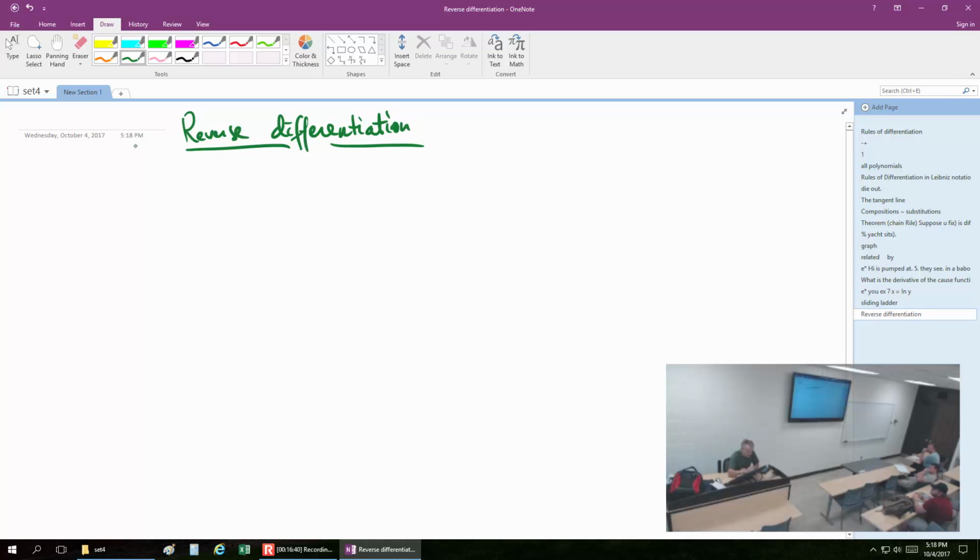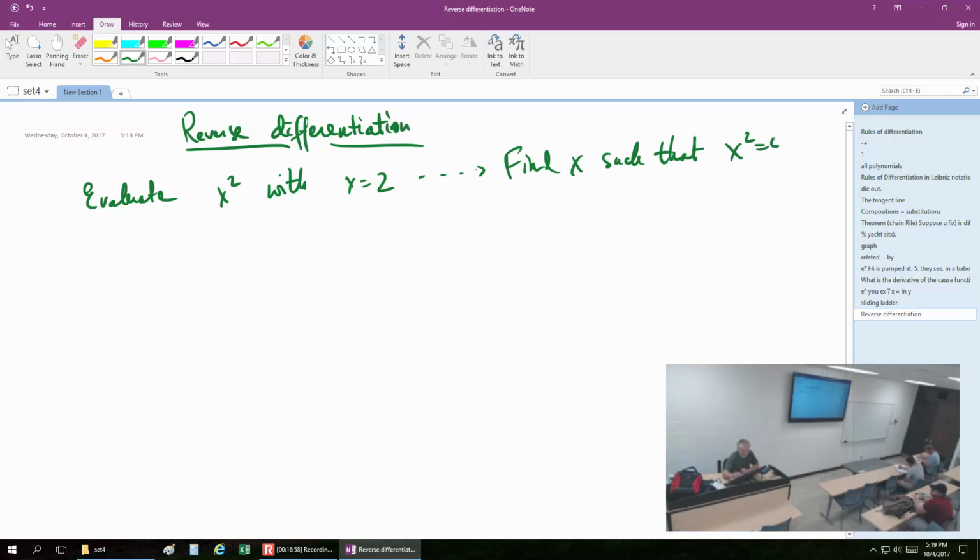So for example, evaluate x squared with x equal 2. That's one. If I reverse it, I could say find x such that x squared is equal to 4. If you solve the problem on the left, the answer will be 4.